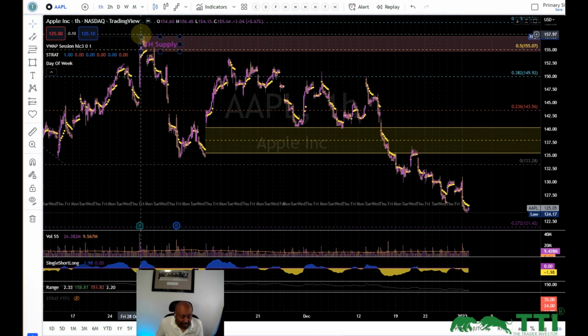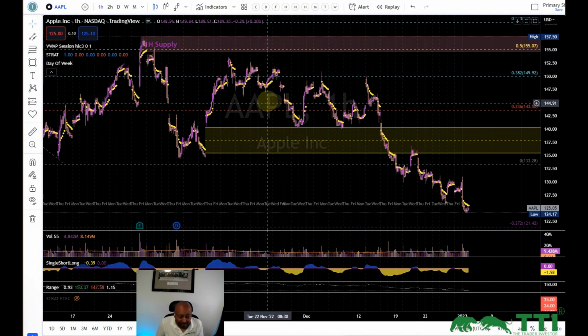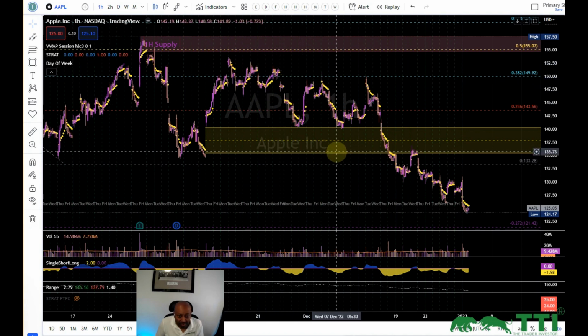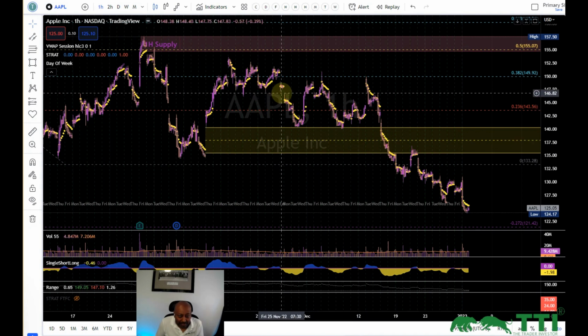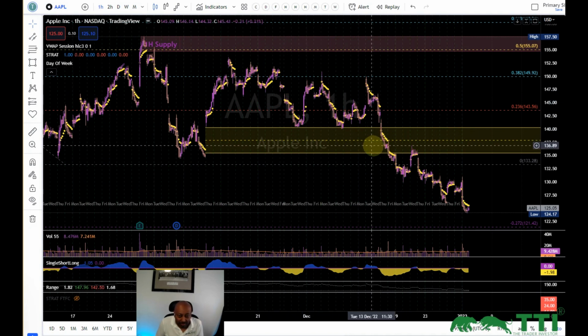Lower high, from here to here, from here to here. Say, okay, I'm going to take a trade from here to close the gap. And so November 25th until December 15th, about 3 weeks to close that gap.